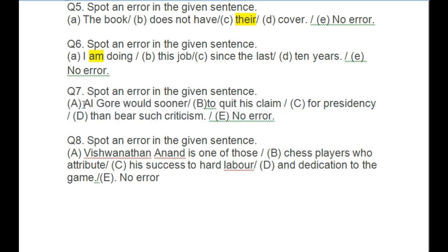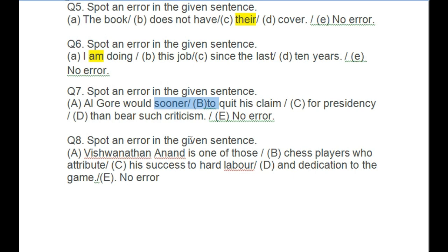So the subject is clear. Al Gore would, the past form of the modal verb will. Now, sooner: some fixed phrases, fixed patterns.